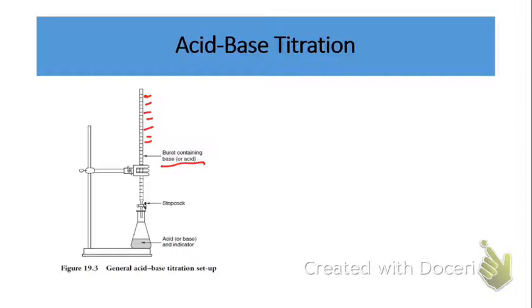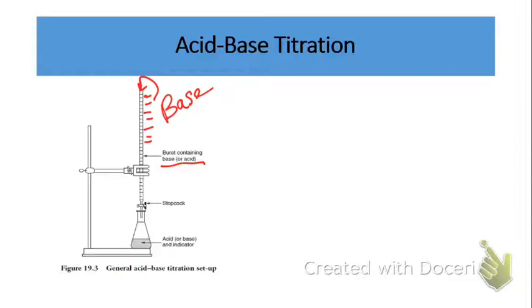And usually, the burette is going to have the base, sometimes the acid. So you usually put the base inside of the burette, and therefore with the graduated volumetric marks on it, you can determine the amount of base that is in the burette.